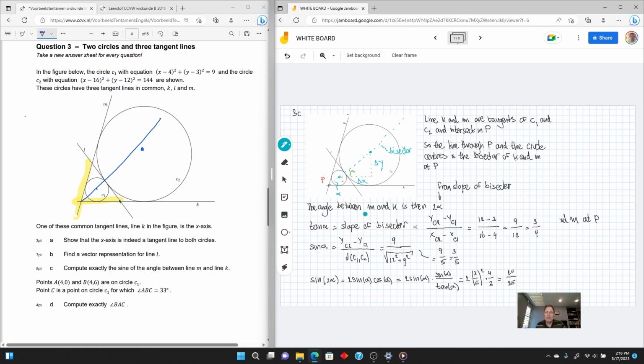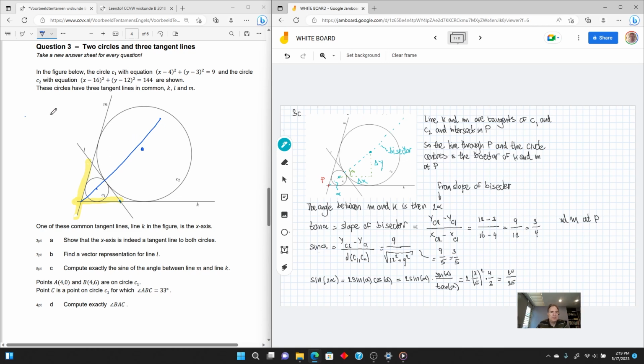So the sine of alpha is 3 over 5. And then just substitute that here, and you get 24 over 25. You can also directly calculate the cosine of alpha, which is the adjacent side divided by the hypotenuse. So there are different ways, and you should get the same answer.